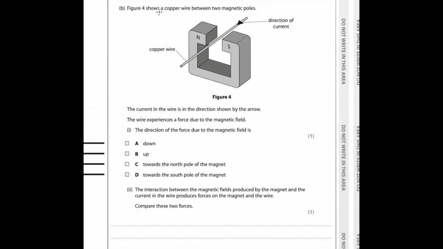Part B. Figure 4 shows a copper wire between 2 magnetic poles. The current in the wire is in the direction shown by the arrow. There you are. The wire experiences a force due to the magnetic field. The direction of the force due to the magnetic field is... Right, this is Fleming's left-hand motor rule.